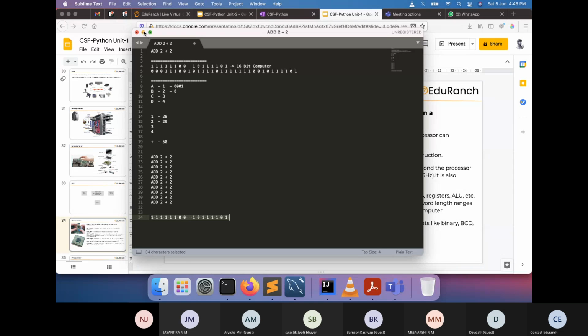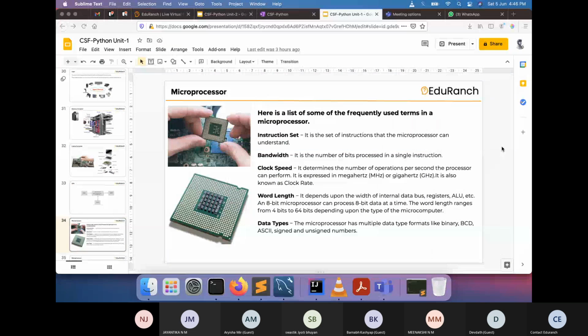The microprocessor, and it tells you to send instructions in a particular format. That is called the instruction set. If you just send electrical signals in random order, the microprocessor will not understand. You need to send the signals in a way which it understands.